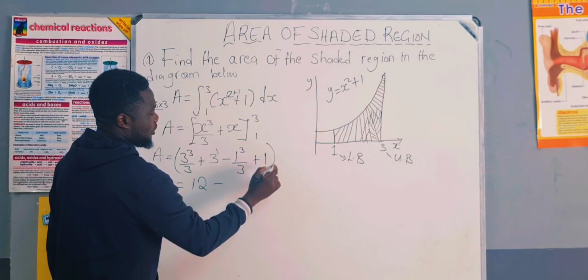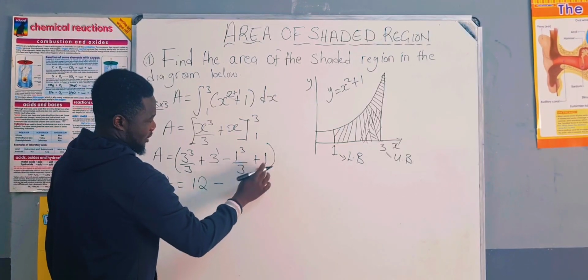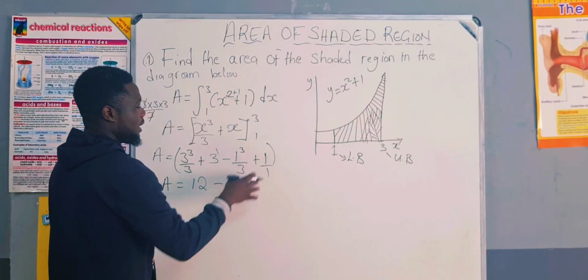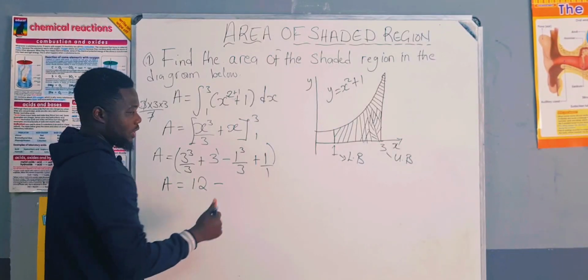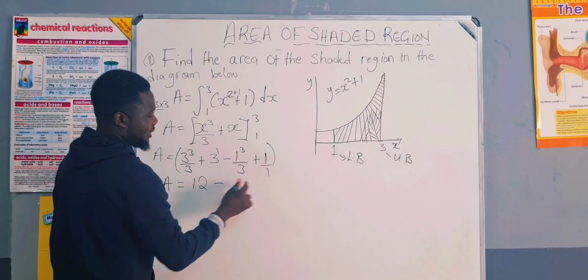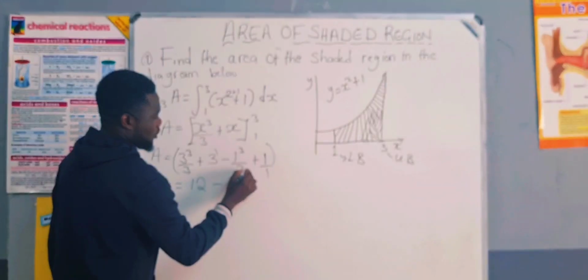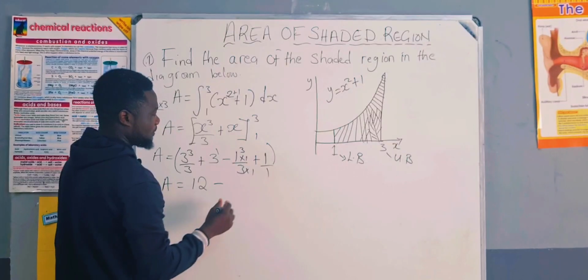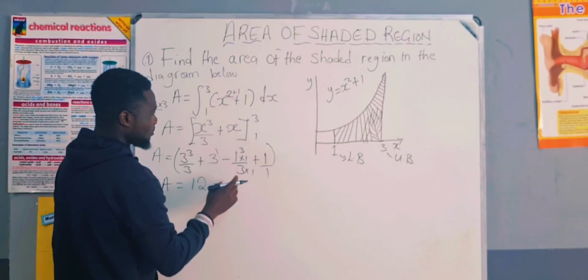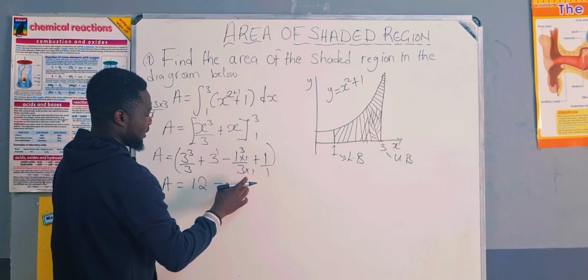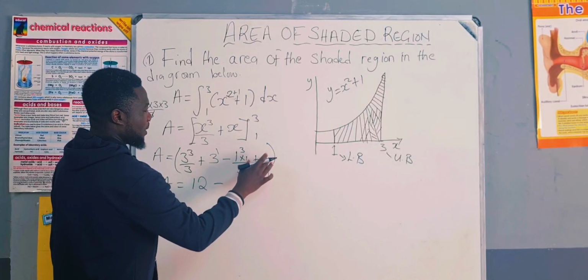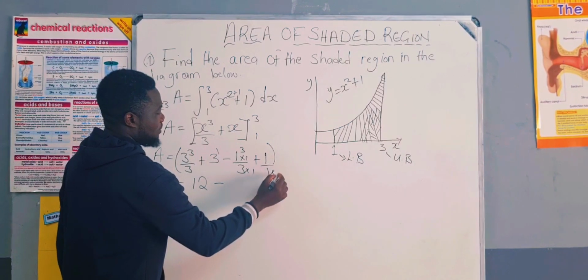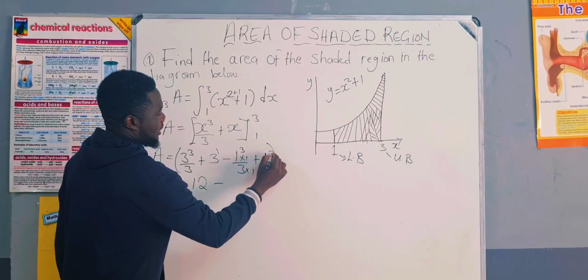So how am I going to calculate this fraction? Any whole number is divisible by 1, so I'll make the denominators the same. Here it will be multiplied by 1, and up here I will multiply by 3 and then by 3.